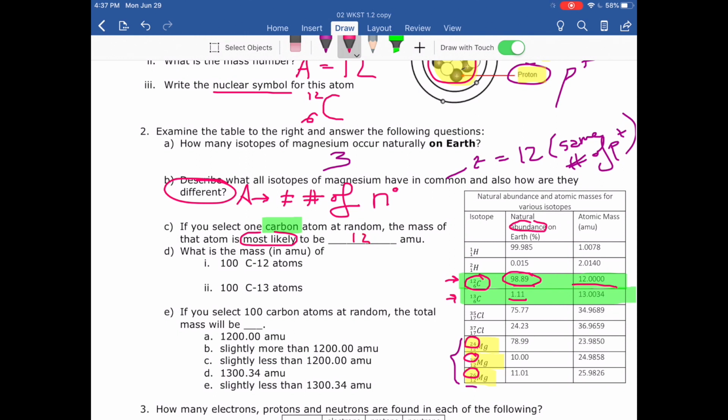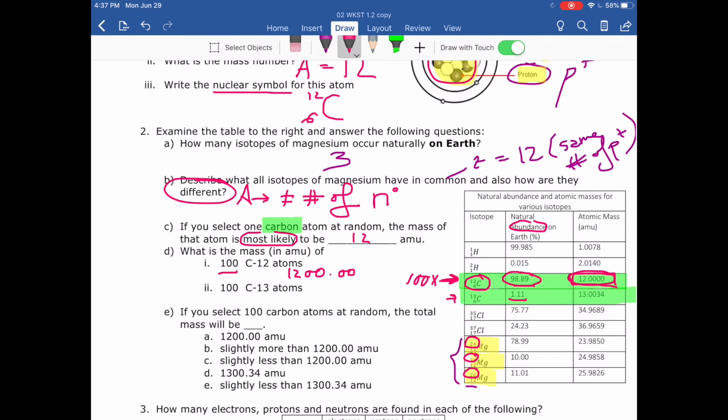What is the mass in AMUs of 100 C12 atoms? This is easier than what you think. The C12 is this one over here, the one up on top. If I have 1, its mass is going to be 12. But if I have 100, it's just going to be 100 times that mass. So the answer is going to be 1200.